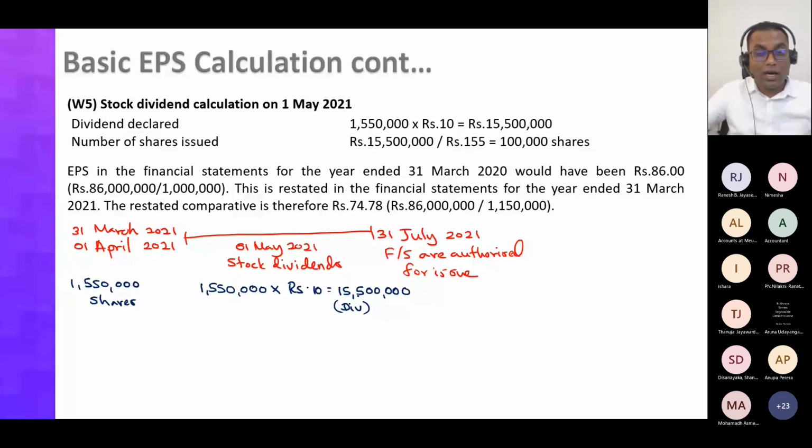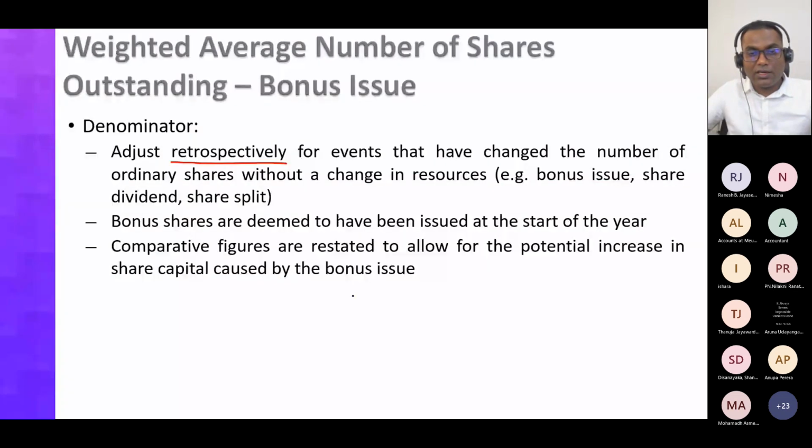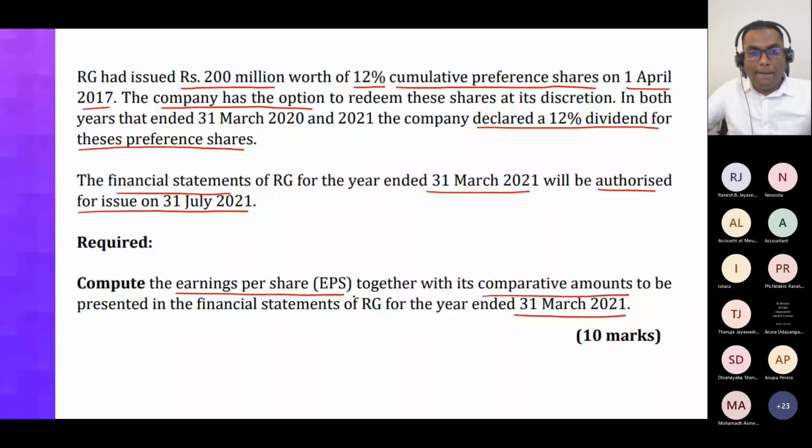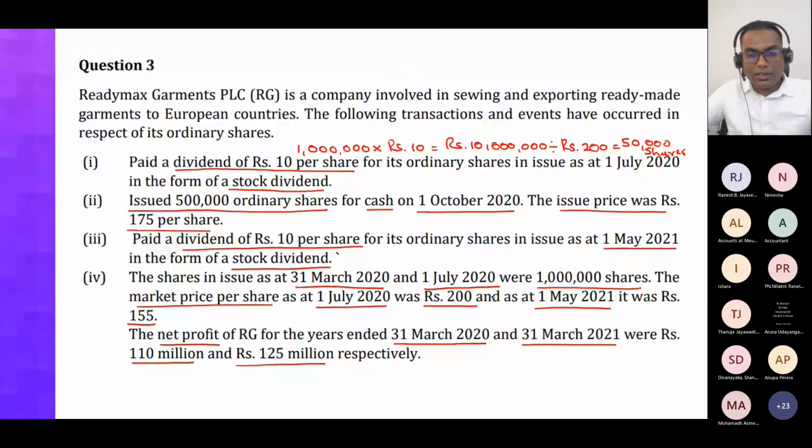To decide how many shares have been issued, you need to know the share price on 1st May 2021. If you go back to Roman number 4, the share price on 1st July 2020 was 200 rupees, and on 1st May 2021, 155 rupees.